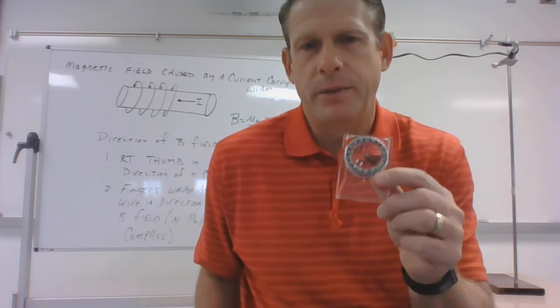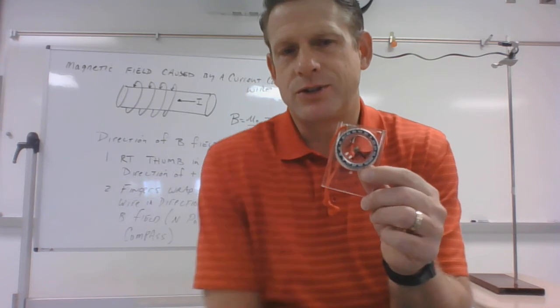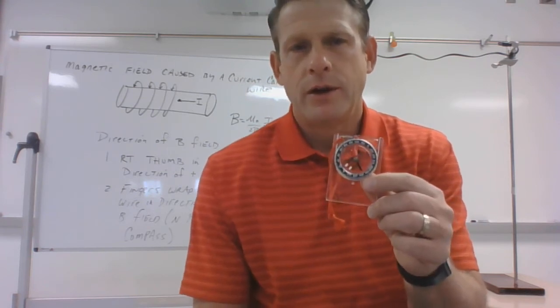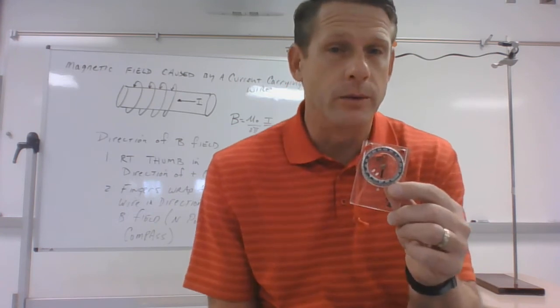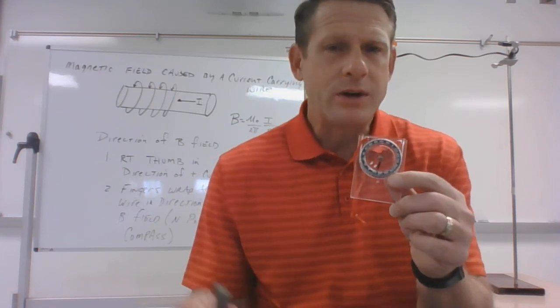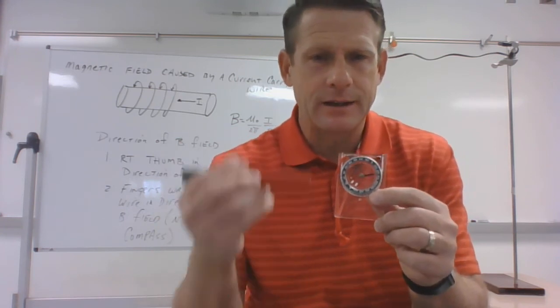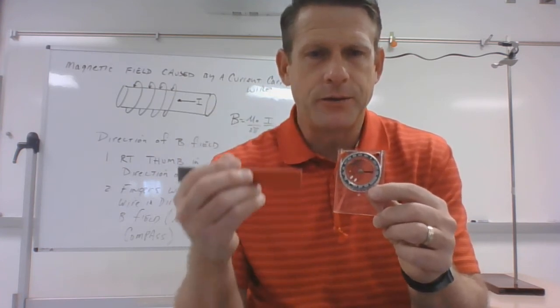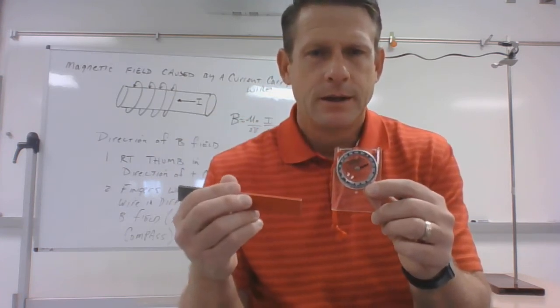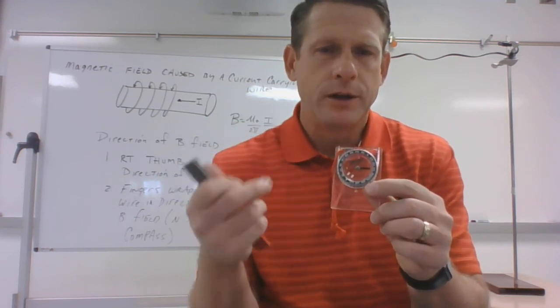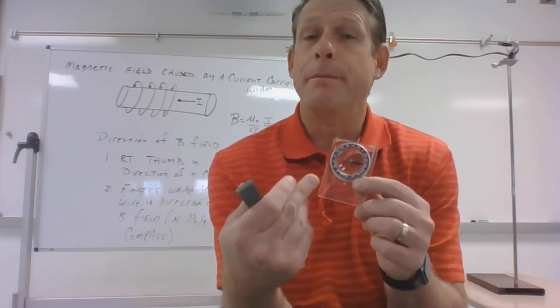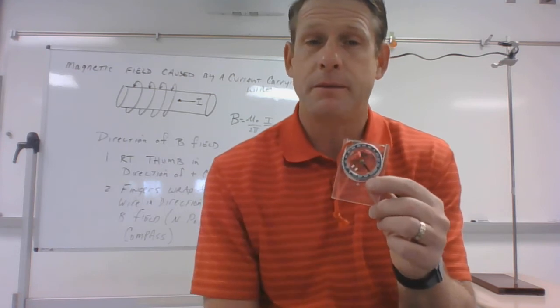So this compass has the tendency to stay right where it is unless an unbalanced force acts on it, just like anything normally would. So how can I get a force to act on that compass? Well, I can get a force to act on that compass by bringing another magnetic field in close contact with the magnetic field associated with this compass needle.